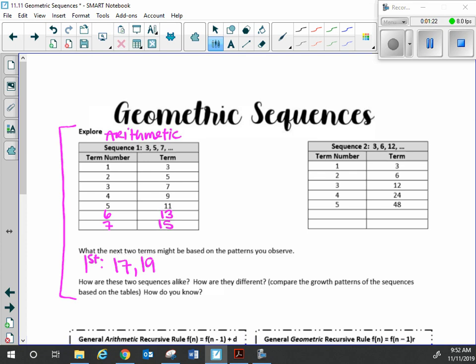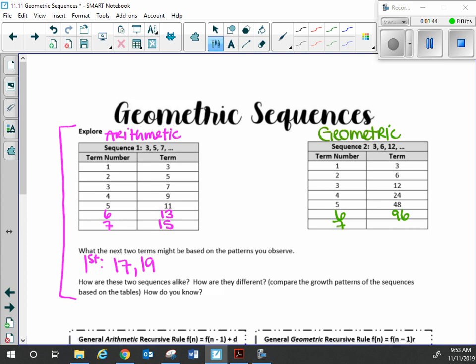My second sequence was not like one we've done before, so that is the geometric. What was different about that sequence? You were multiplying by 2. So my sixth term was what? 96.